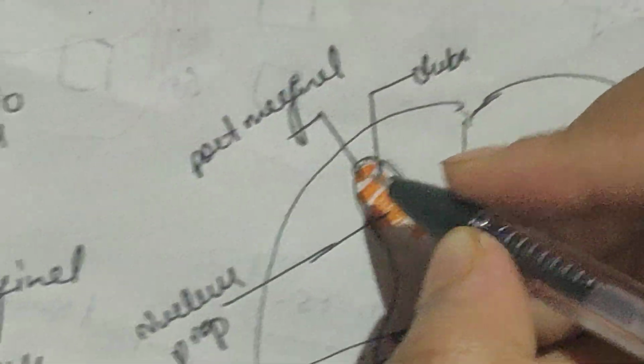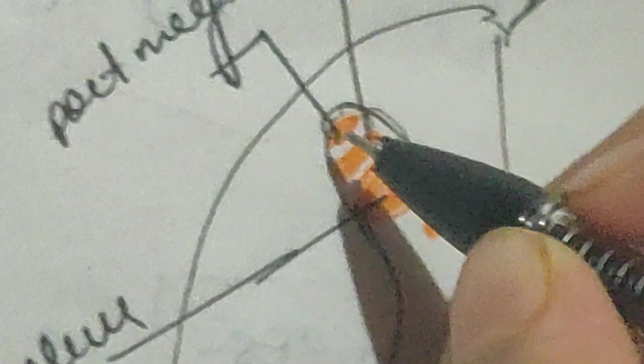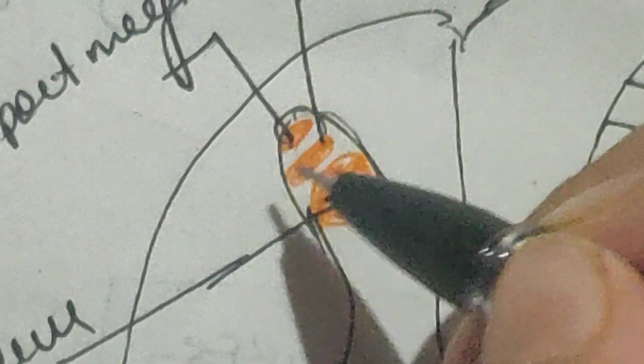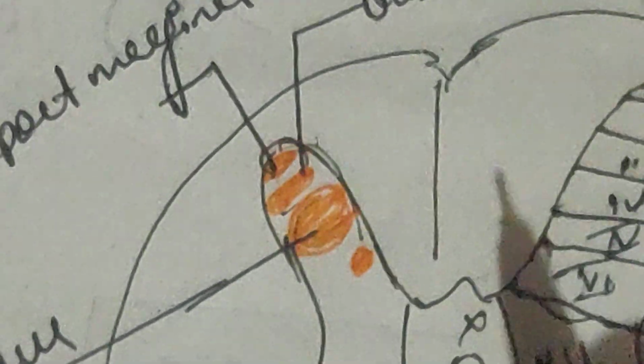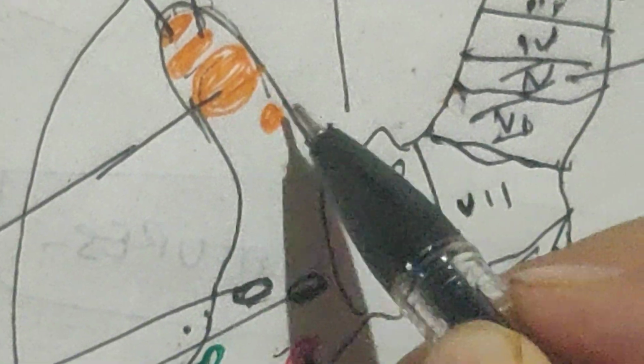Now if you come to the dorsal gray column, the first is the posterior marginal nucleus. After the posterior marginal nucleus, it's the substantia gelatinosa. After that comes the nucleus proprius, and then the dorsal nucleus of the vagus.